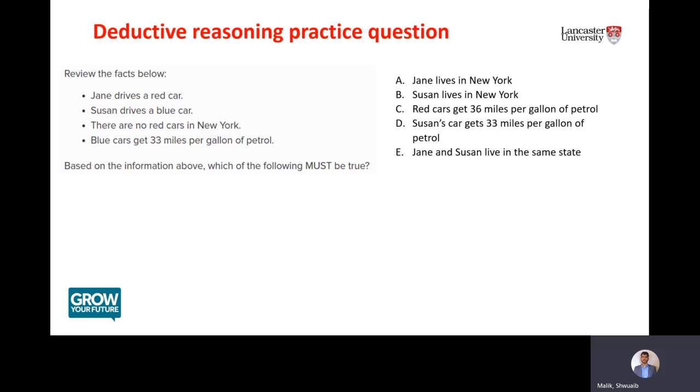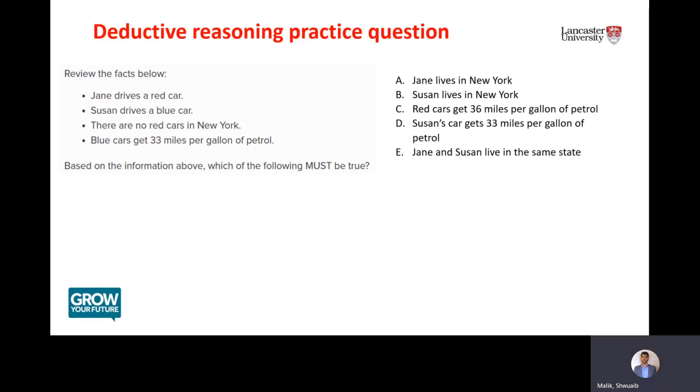This question is giving us some facts on the left-hand side, and it's asking us, based on those facts, which of the information on the right must definitely be true. So we have 4 facts and 5 potential options, and one of them is definitely true.